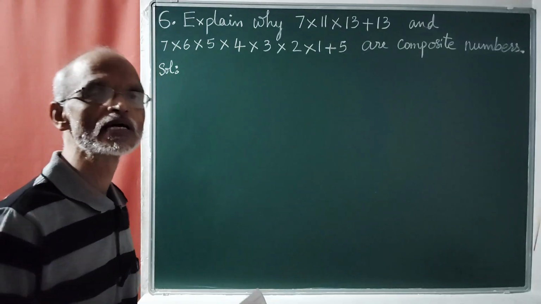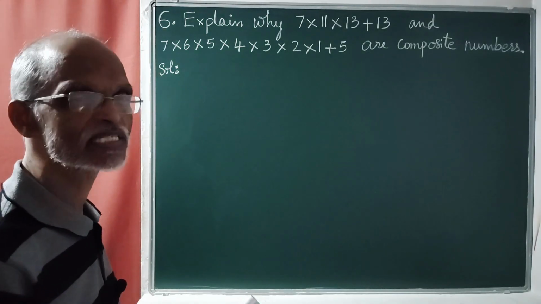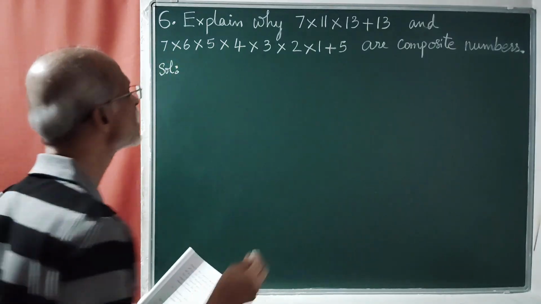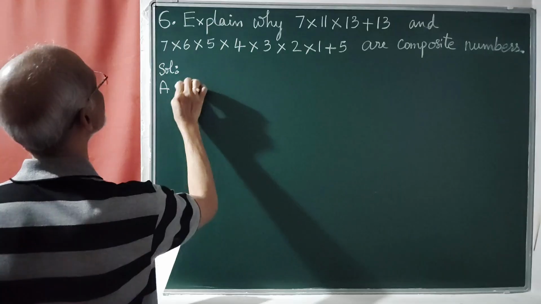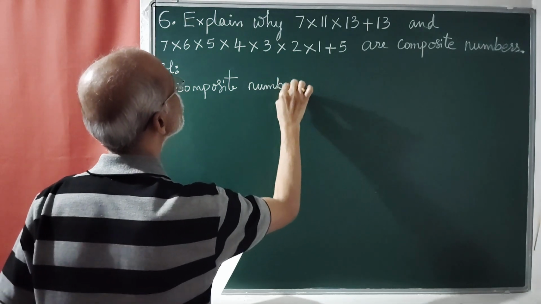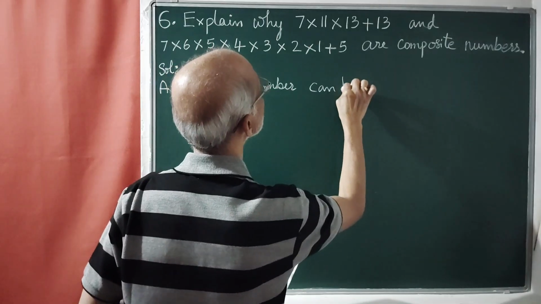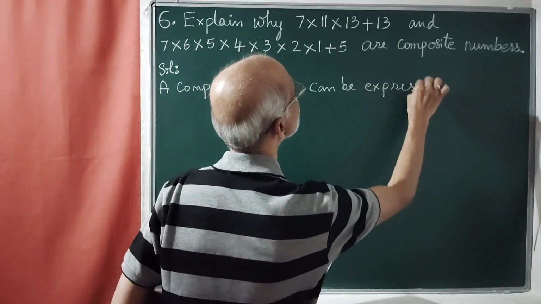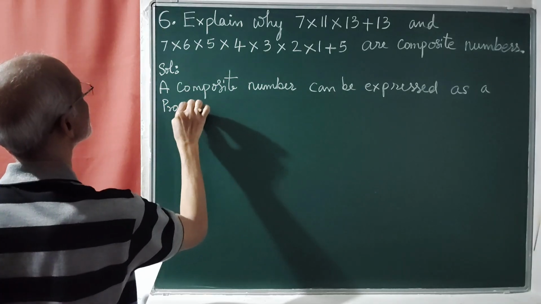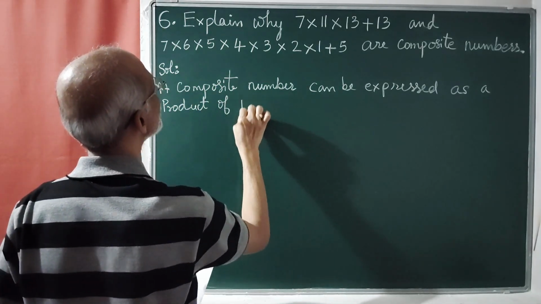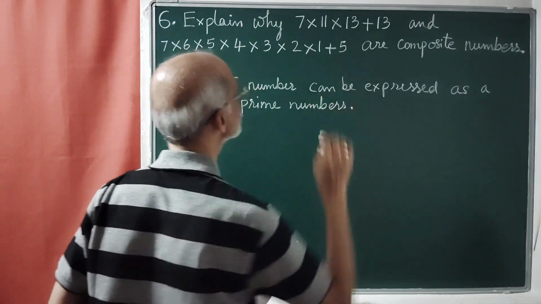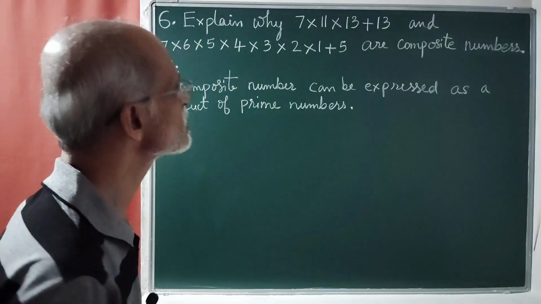We know that a composite number can be expressed as a product of prime numbers.